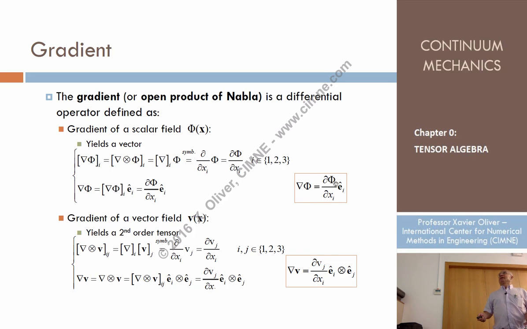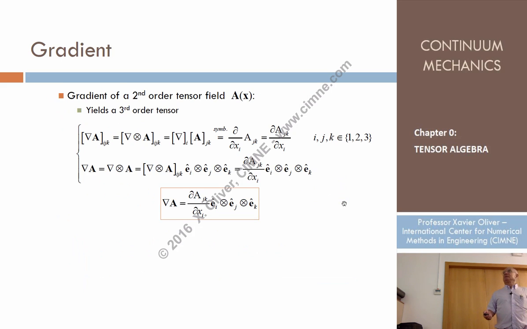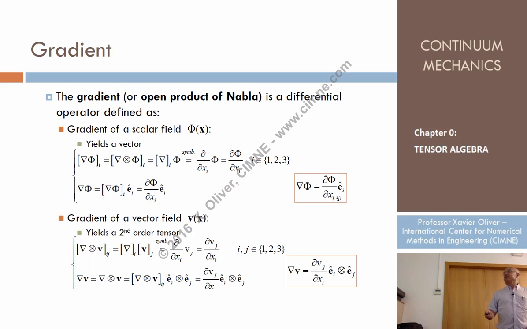A vector whose component i, the one that multiplies ei, is the derivative of phi with respect to xi. We denote this gradient as nabla, nothing in between, phi.